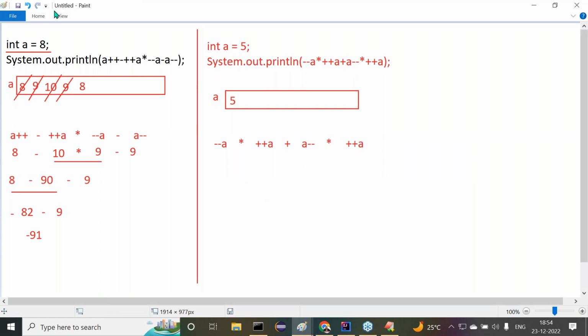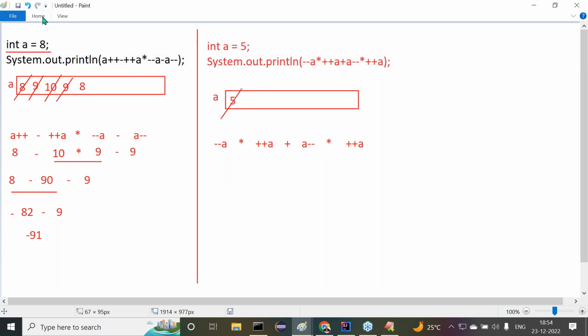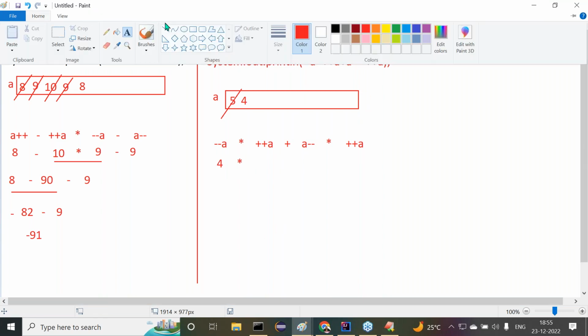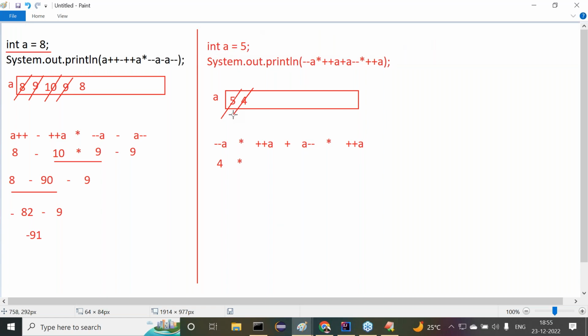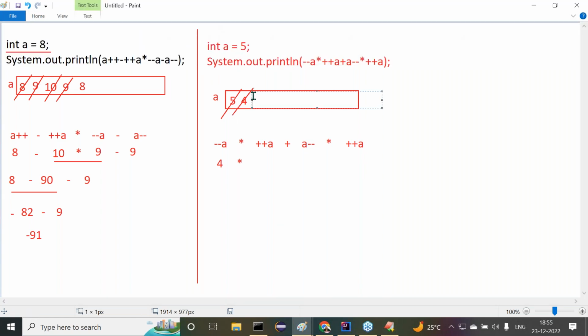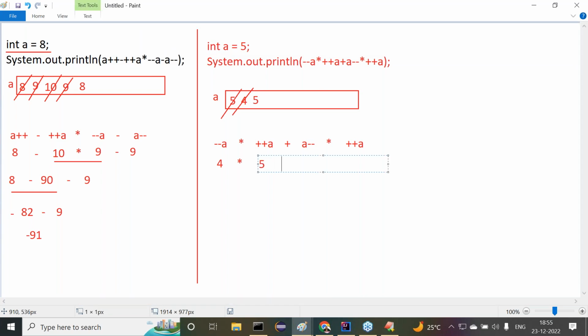First of all, --a is pre-decrement. 5 is decremented by 1 first, so 4 is the value that will participate in our expression. Next is a star ++a, again pre-increment. The a value 4 is incremented by 1, so here we get 5, and that 5 will participate in the expression.